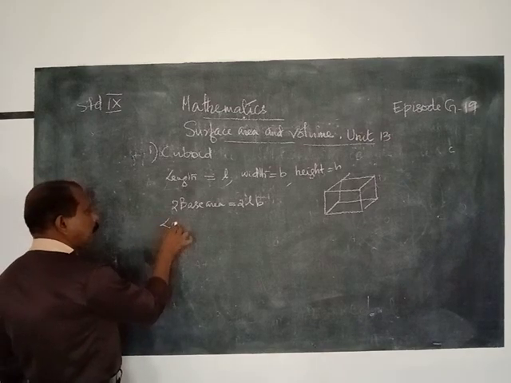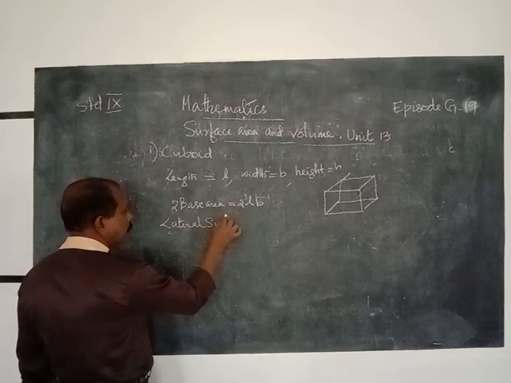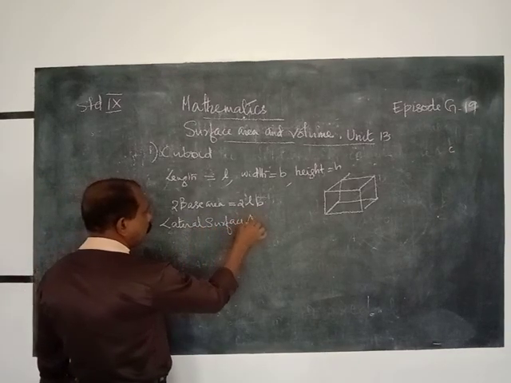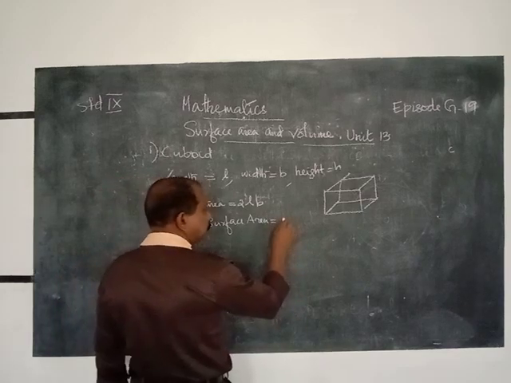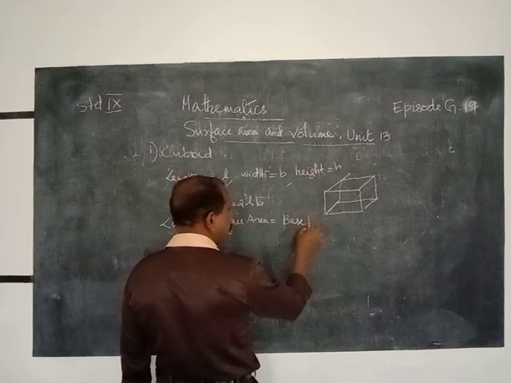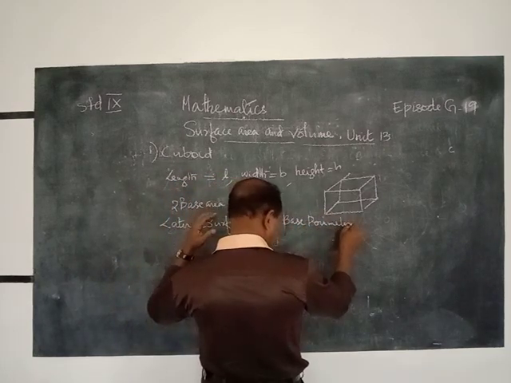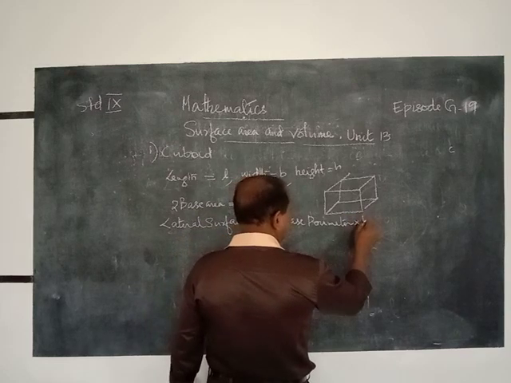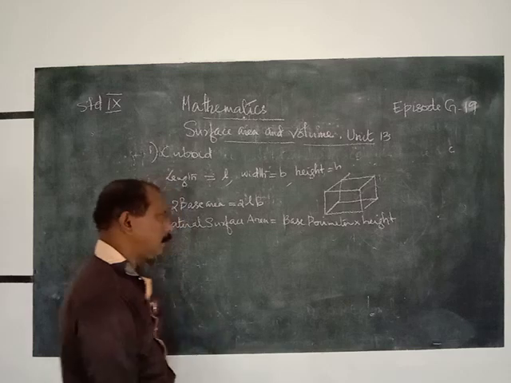Lateral surface area is equal to base perimeter into height. That is the basic concept for the lateral surface area.